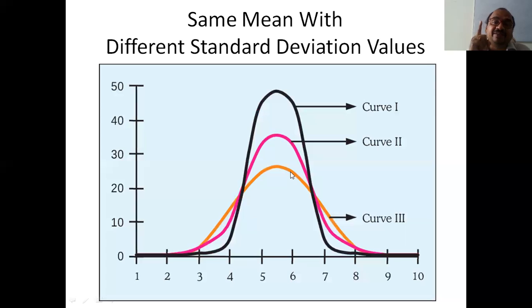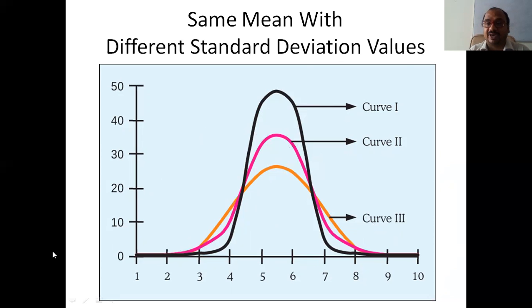But the standard deviation is very small in curve 1 because almost all values look the same. See here, somewhat more variability is there in the pink colored second curve, so standard deviation is more. When you come to the third curve, standard deviation is still more. As you keep widening the curve, standard deviation is increasing.